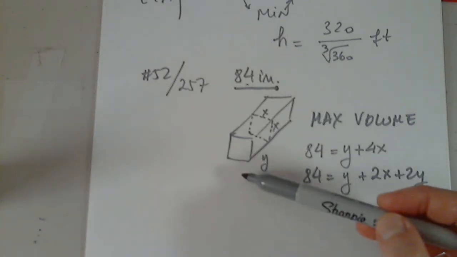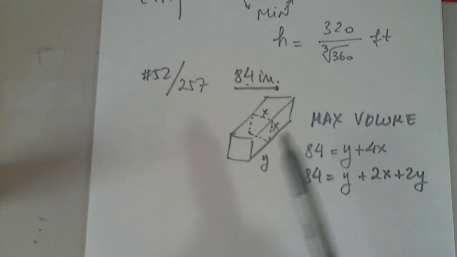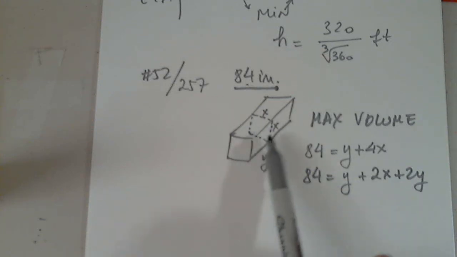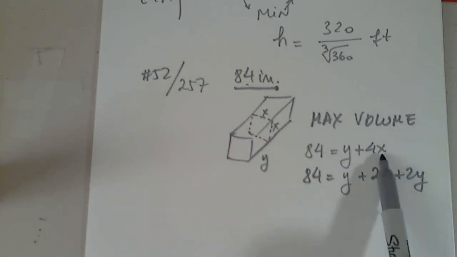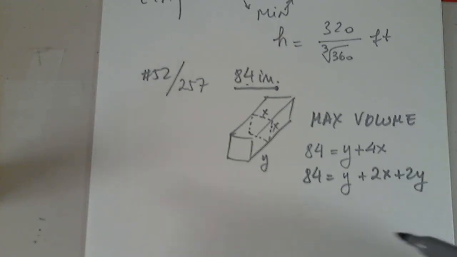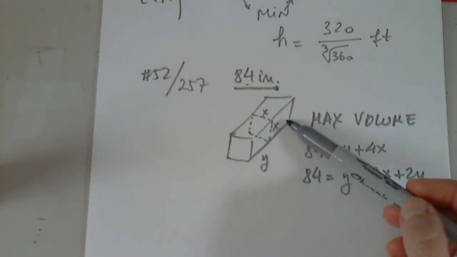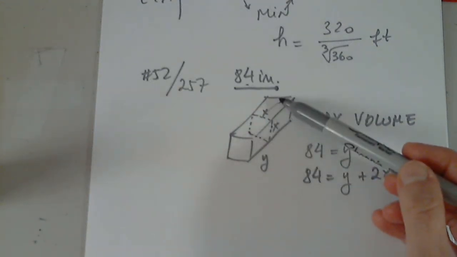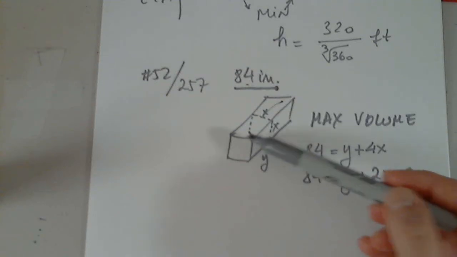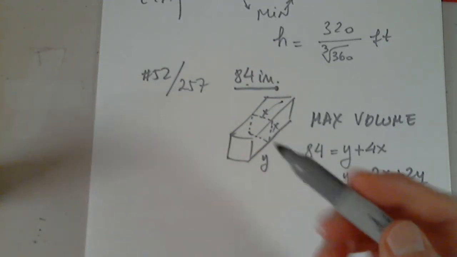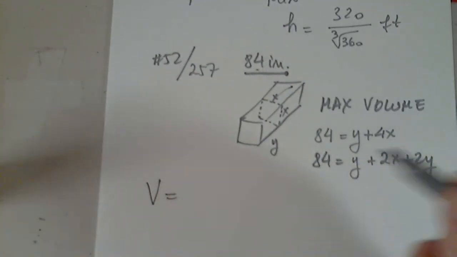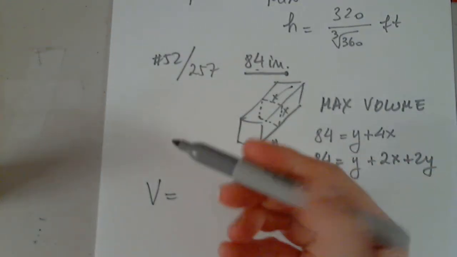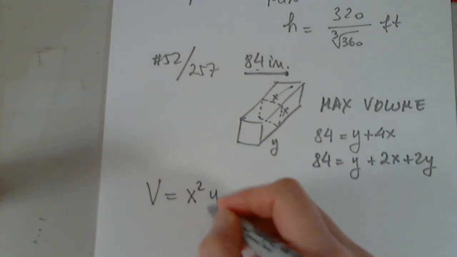So the length, this is clearly the length y, plus the girth, which is the distance around, which is 4x, or 84 is the length plus the distance all around, which will be a y, an x, a y, and another x. Now, what about the volume? The volume of this box is the same thing like we just discussed, area of the base times the height. So there will be x squared multiplied by y.